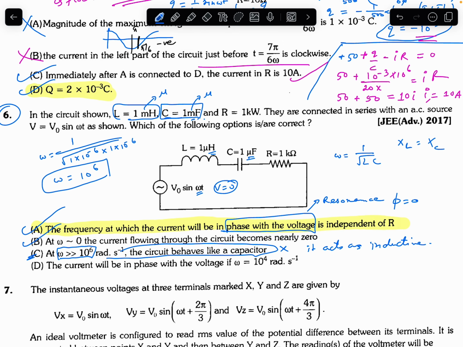So you remember, omega less than omega resonance, it acts as capacitive. Omega greater than omega resonance, it acts as inductive. Option D. The current will be in phase with voltage if omega equal to 10 to the power 4 radian. No, this is wrong. The answer is if omega equal to 10 to the power 6, then it will be in phase.